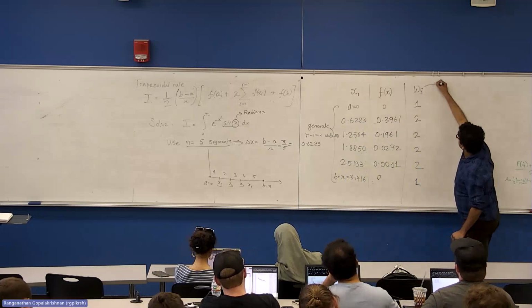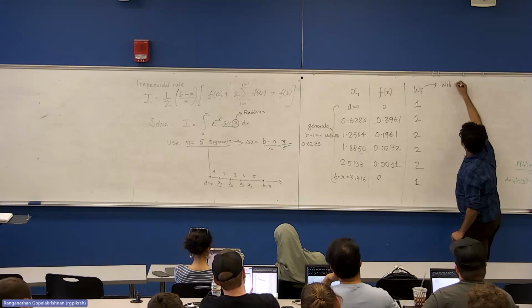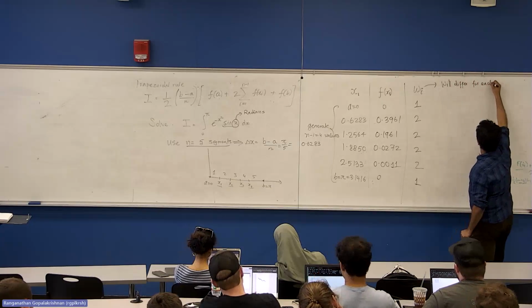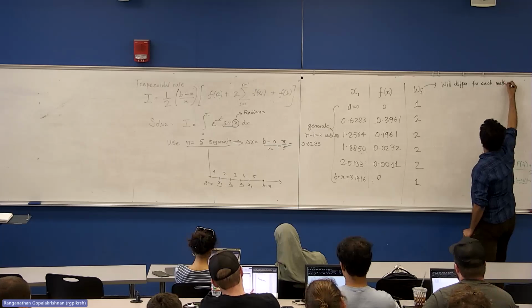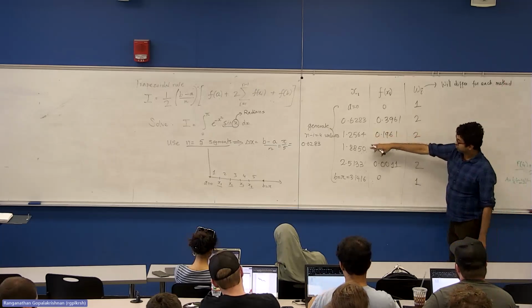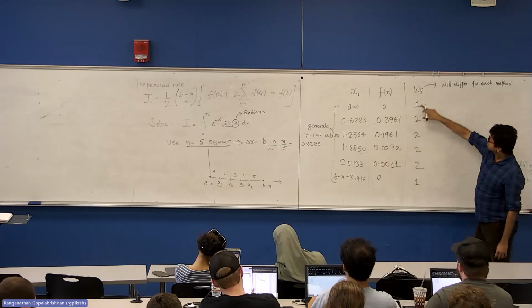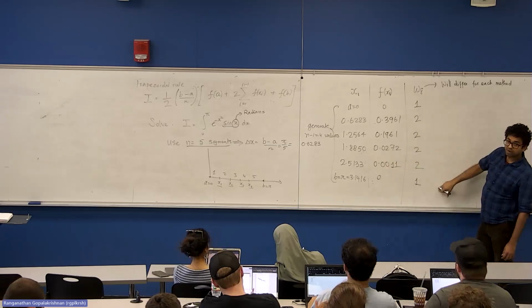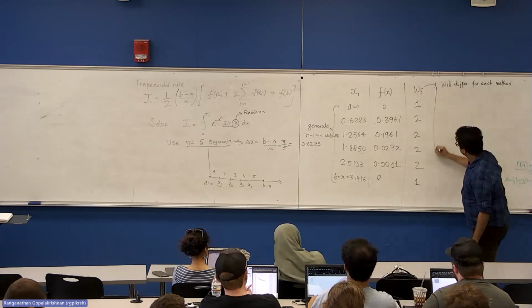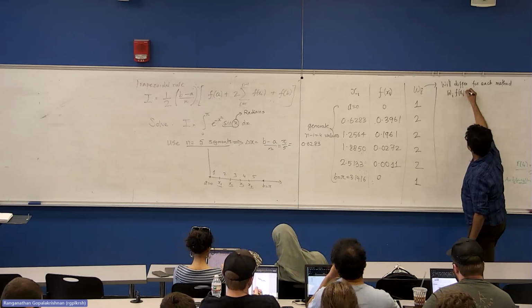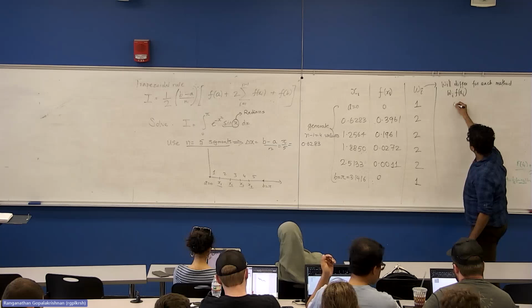Because this weighting factor will differ for each method. So most of what you learn in this example is generating a number of values, evaluating the function, multiplying by the weighting factor, and then the next column would be Wi times f of xi, the product of these two columns.